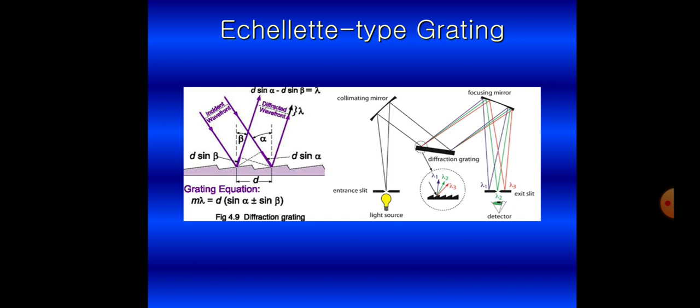So by turning the grating and changing the incident or reflecting angle, you can focus different wavelengths on the exit slit, and this is the method that is used in atomic spectroscopy to scan different wavelengths, or to select a special wavelength for the instrument.